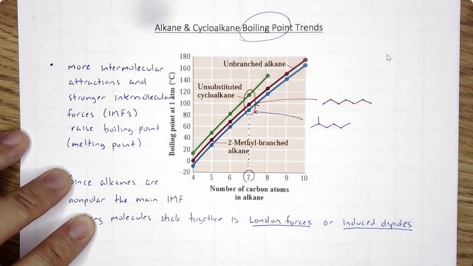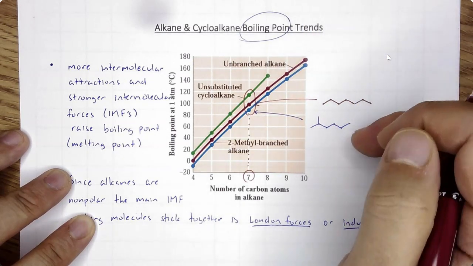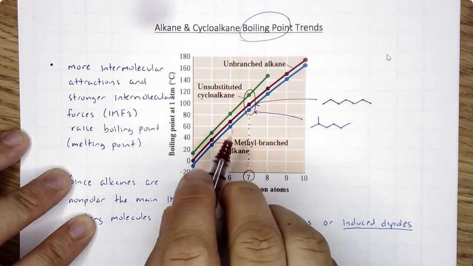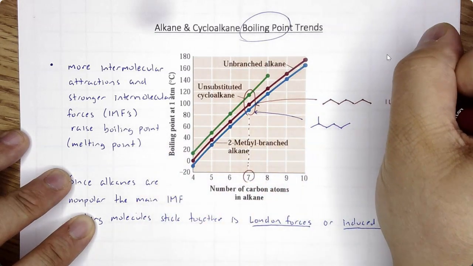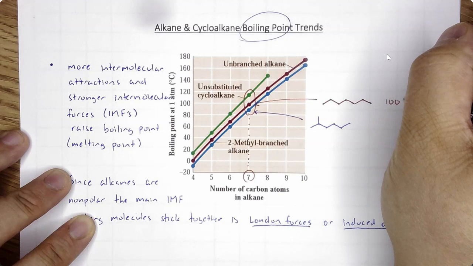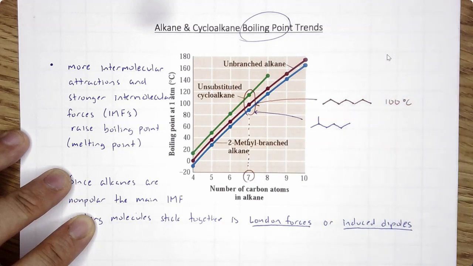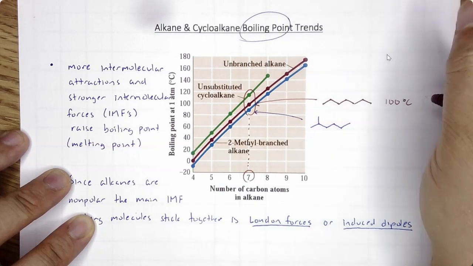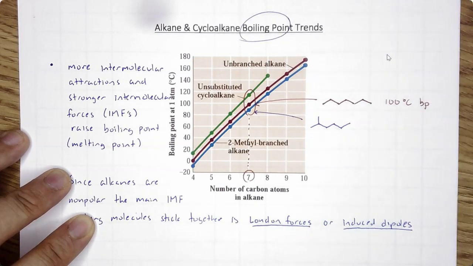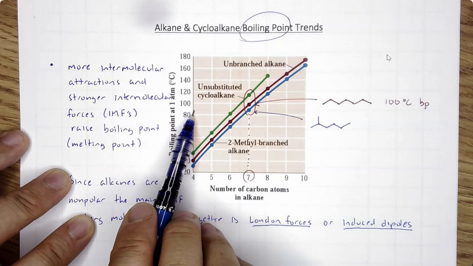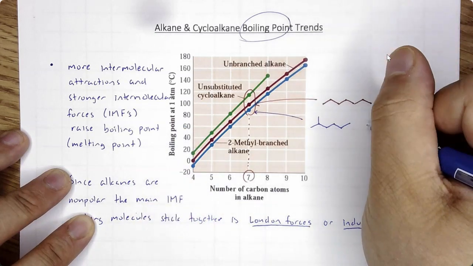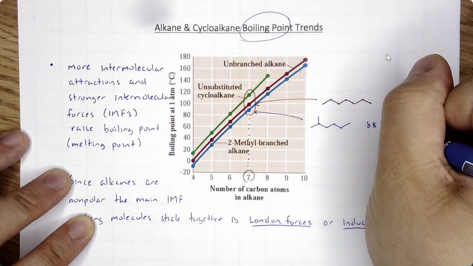It's telling me that this molecule has a higher boiling point than this one. And if we just read it off the graph, this is 100 degrees Celsius. That's the boiling point. And for the blue one, trace it. We'll call it 88, 90. We'll say 88.